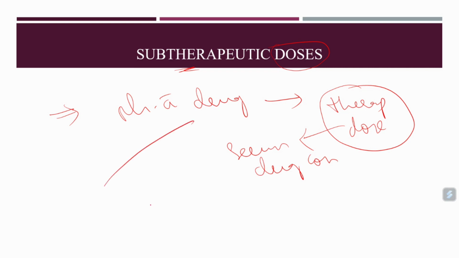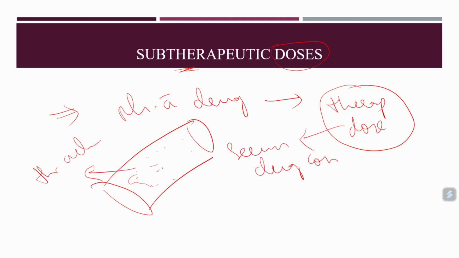For example, this is blood. In the blood, if the specific serum drug concentration is not available, these drugs will not show therapeutic activity. We have some narrow therapeutic drugs. In narrow therapeutic drugs, the probability of subtherapeutic dose is very high. So I will try to explain with certain examples to help you understand this subtherapeutic dose. This is very important.